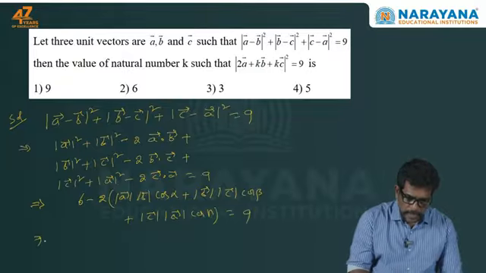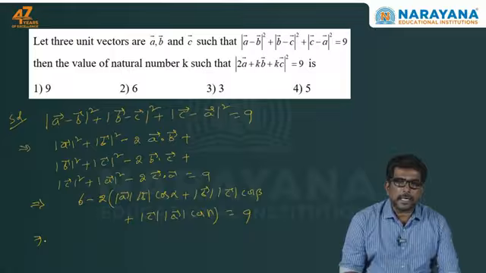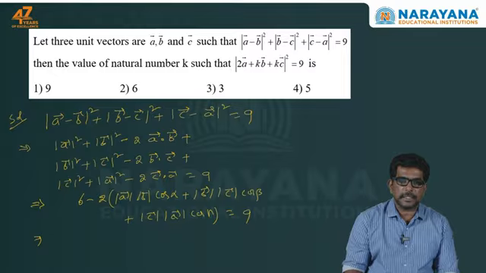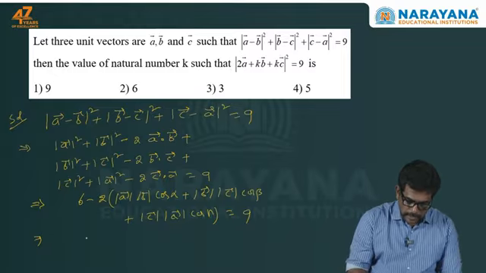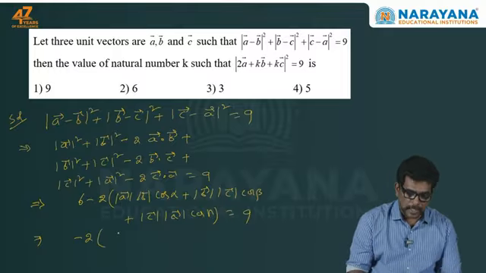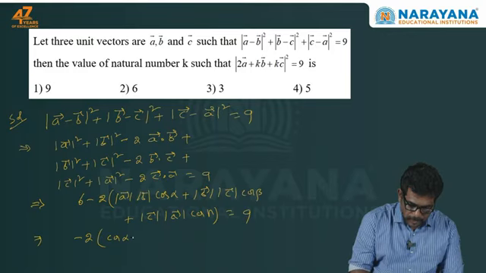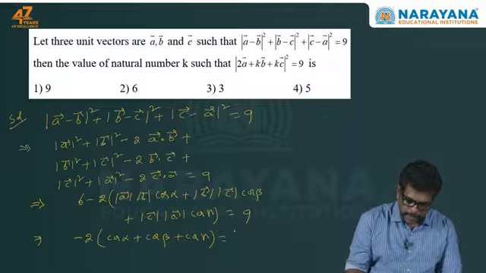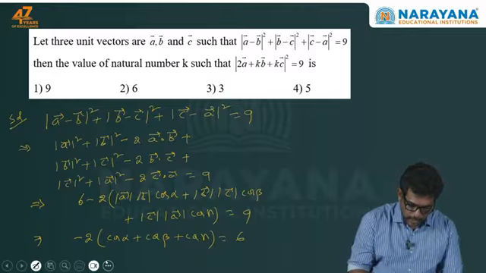Here alpha, beta and gamma are the angles between a bar b bar, b bar c bar and c bar a bar. Then this becomes minus 2 times, mod a bar is 1, mod b bar is 1, hence this becomes cos alpha plus cos beta plus cos gamma.